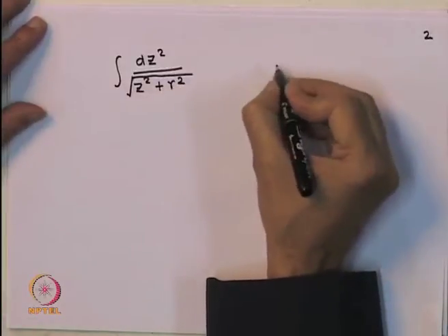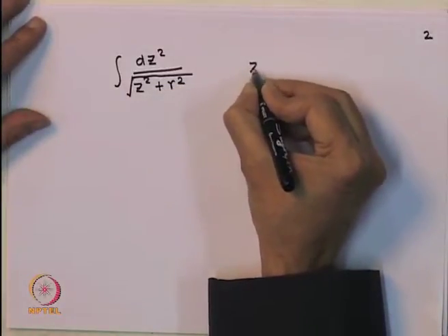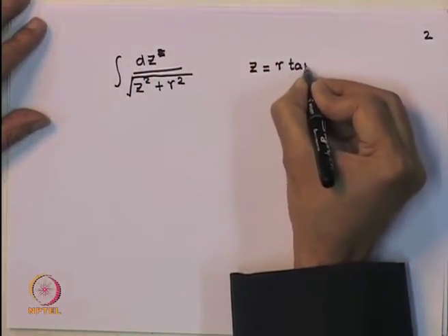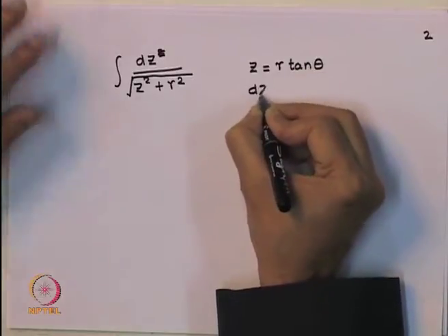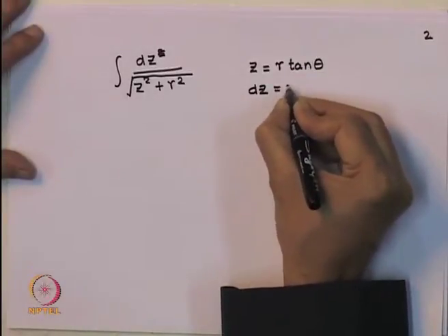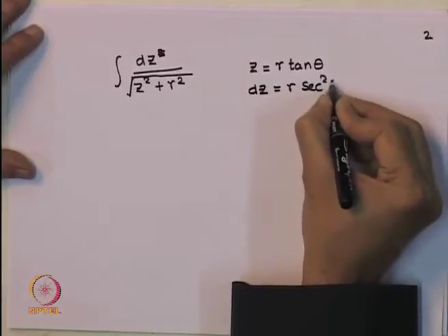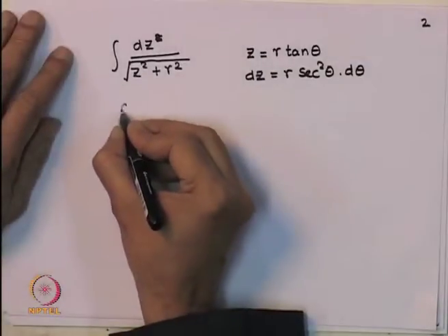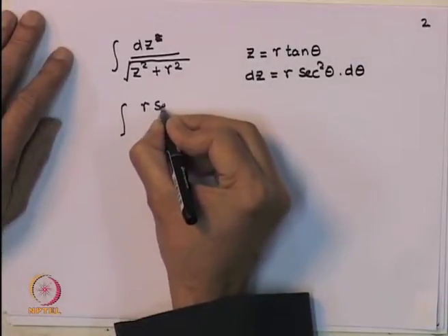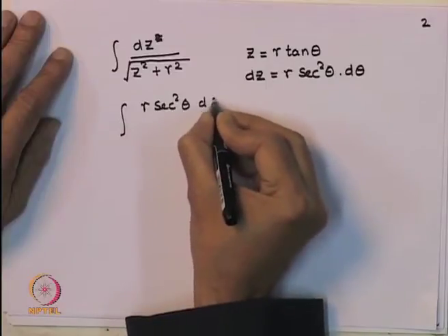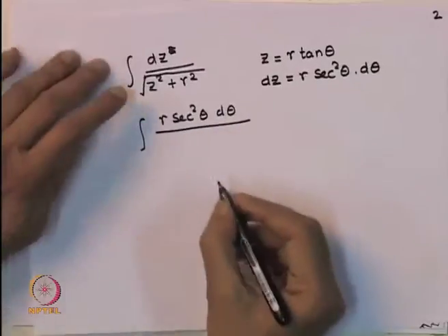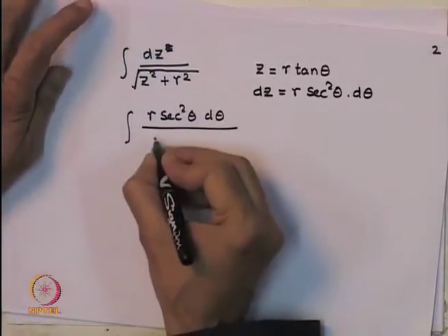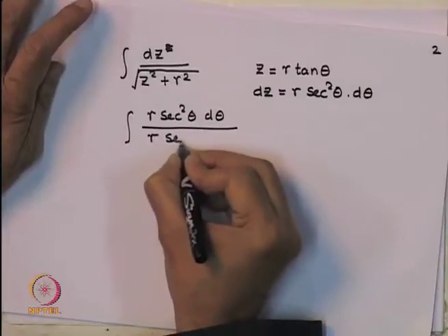If I simply use z equal to r tan theta, so that dz is r sec square theta d theta, this quantity becomes r sec square theta d theta divided by r sec theta, since 1 plus tan square theta is sec square theta.